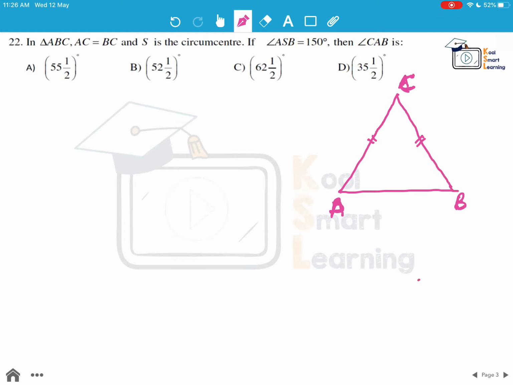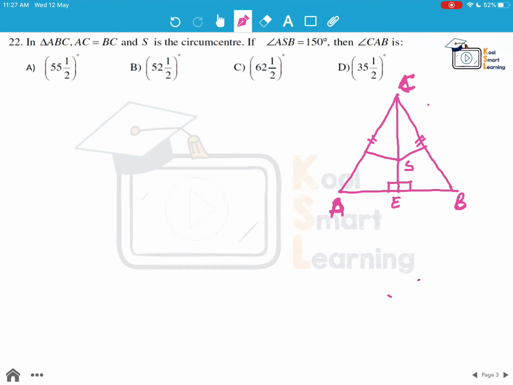Now since AC is equal to BC, if we draw a median over here, this will also be perpendicular to AB. Let's call this point E. The circumcenter will lie on this. Let's mark this as point S over here. Now we draw perpendiculars from this point S on both AC and BC.